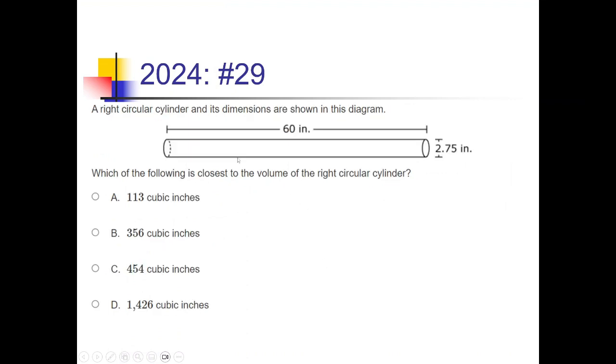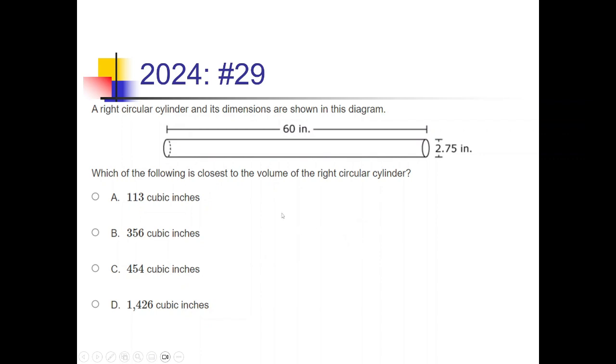On this one, we have a right circular cylinder with the dimensions shown in this diagram, and we want the volume, as close as possible anyway. The volume formula for a cylinder is one of the formulas on your reference sheet that you can look up.